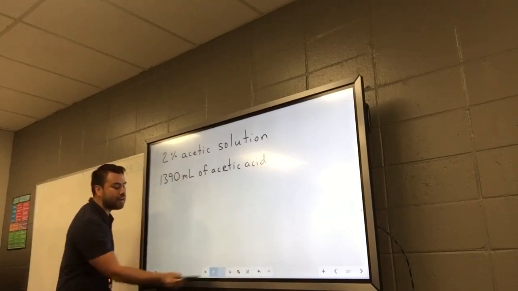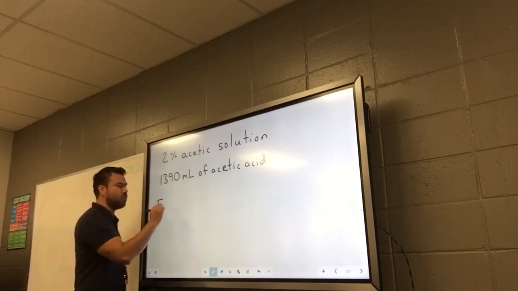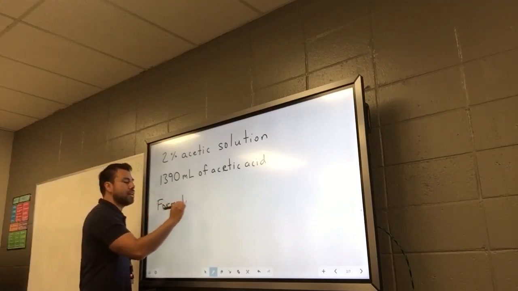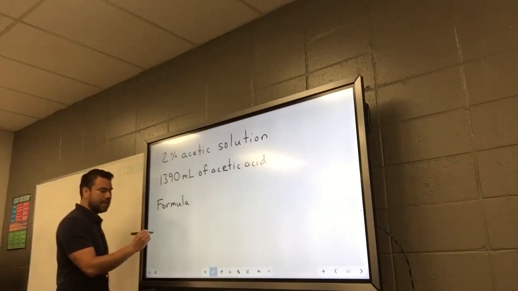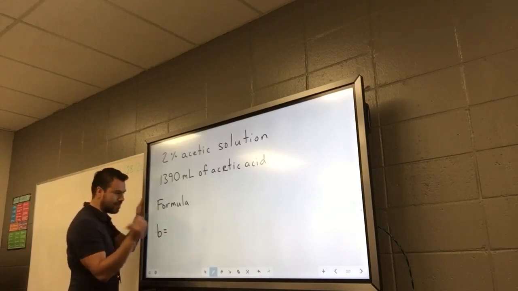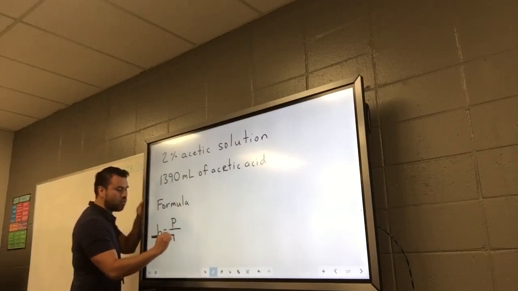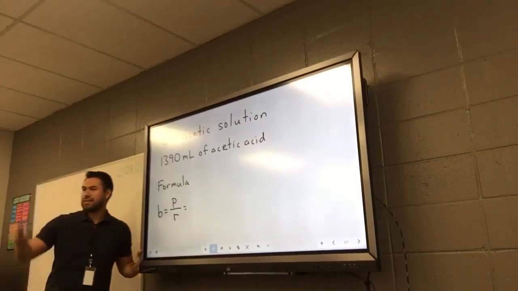So how are we going to find out how much solution we can make? We're going to use, first of all, the formula, and then we'll do it with the proportion as well. Okay, here we go. The base is equal to, do you guys remember? It's on the last slide. Percentage over rate. Okay, what's the percentage in this problem? Yes, Tyler?